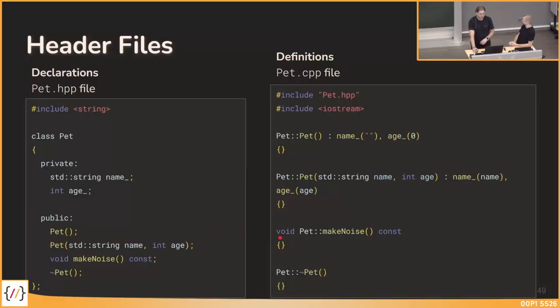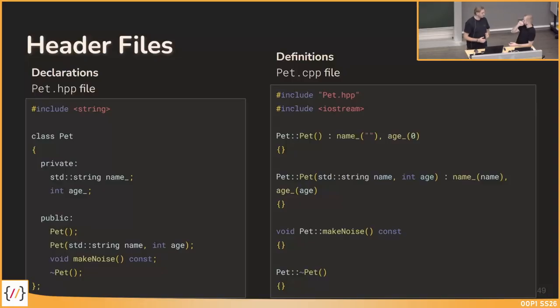For any function, of course, the signature of the function must match, so it has to be of the return type void, and the method itself has to be const. And yeah, the same also for the destructor. We can have a specific implementation then in our CPP file.